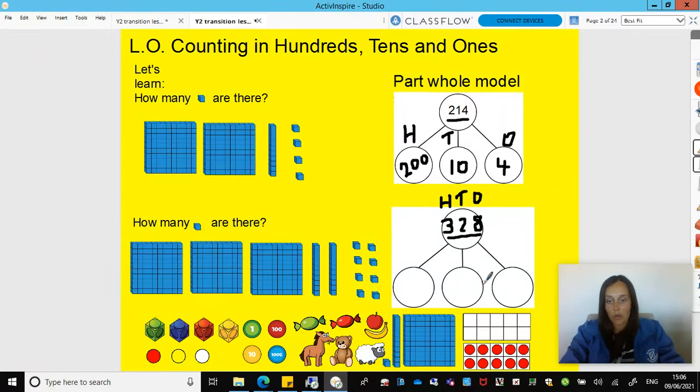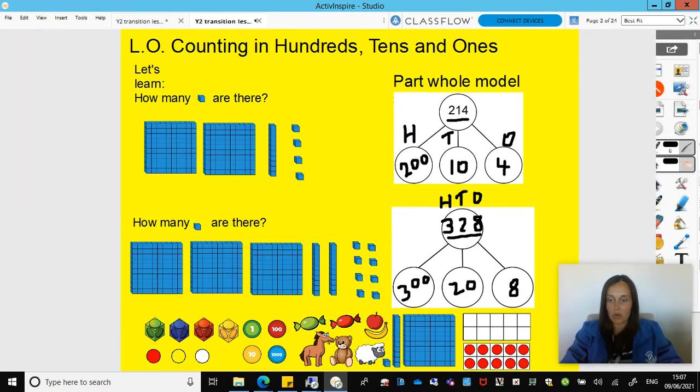So now we can partition that number to show how many hundreds, how many tens, and how many ones. So 300 looks like this, 300. 2 tens, which makes 20, and then 8 ones, 328. Okay, so you're going to have some part-whole models out on your desk today, and you are going to have the base 10, and you're going to be doing this as your task.